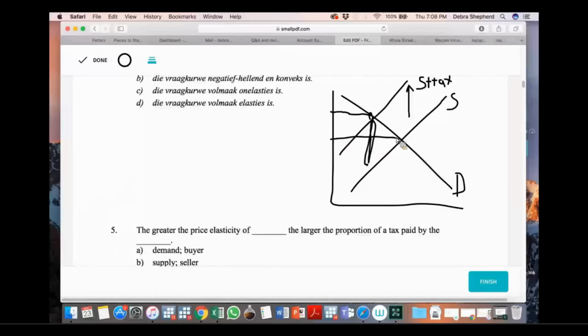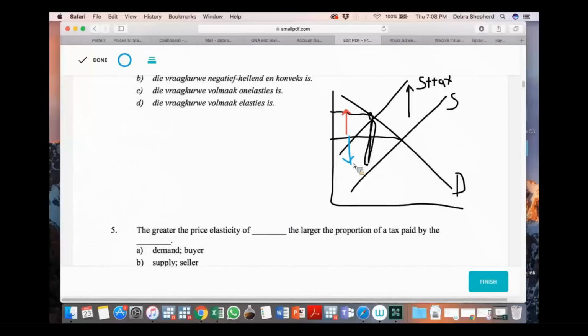So normally, when you have a regular shaped downward sloping demand and a regular upward sloping supply, if there is a tax placed on the product, the tax is partly shared between the buyer and the seller. The buyer would end up paying this amount of the tax, and the seller would end up paying this amount.